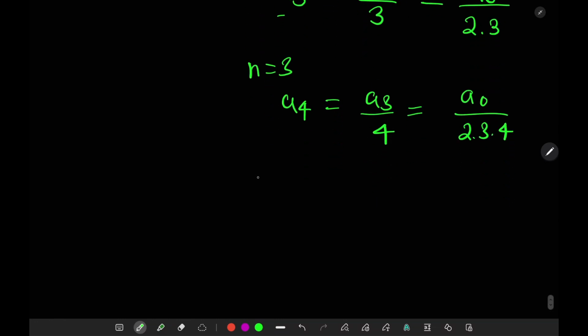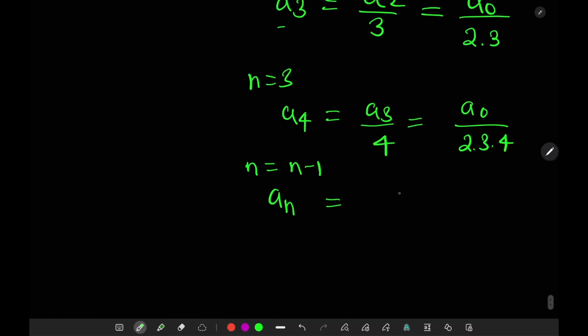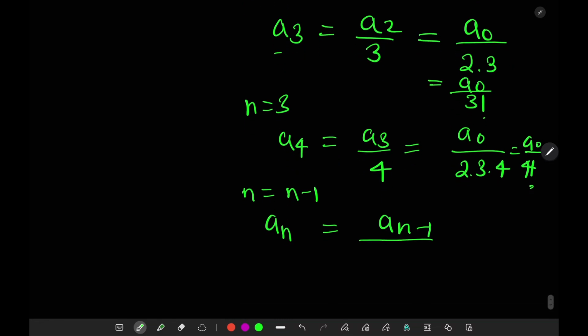and similarly for n is equal to n minus 1, we can write here this is a0 by factorial 3.